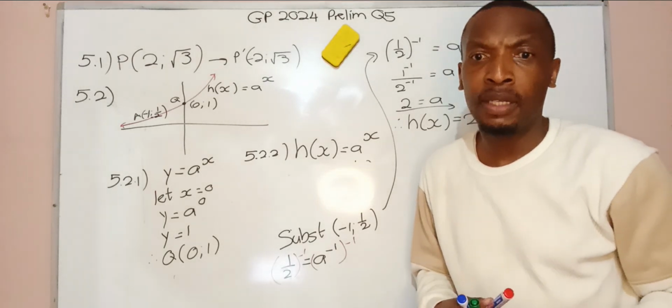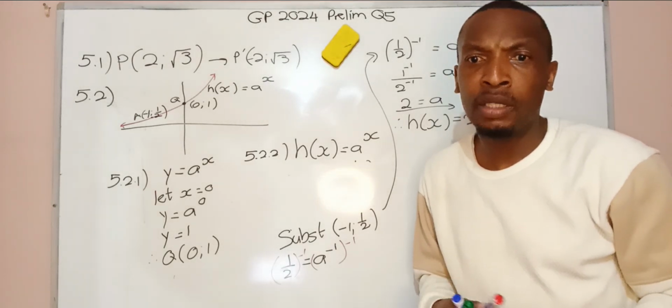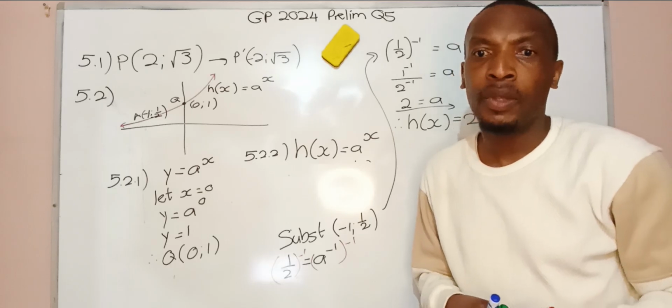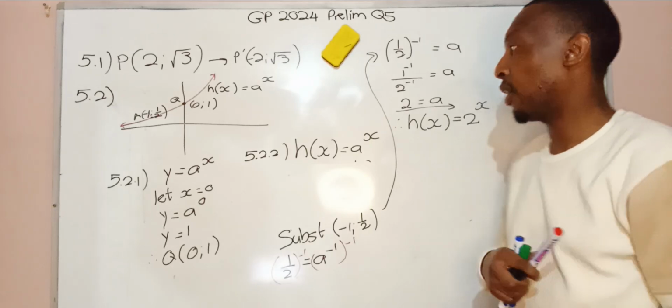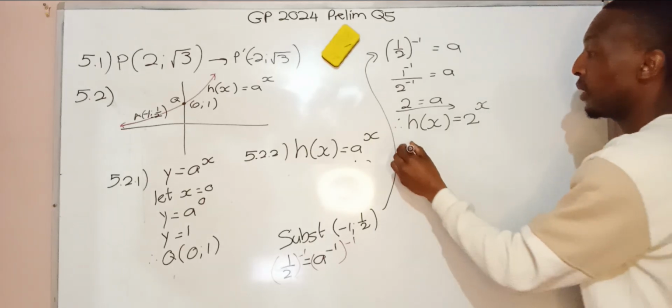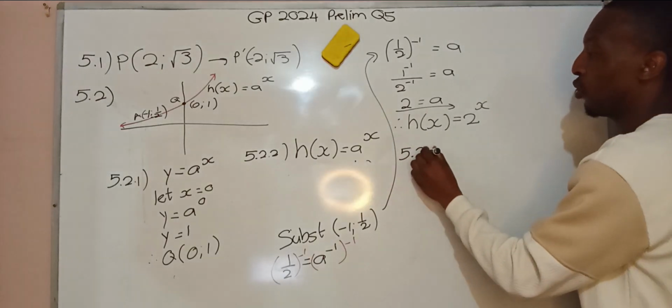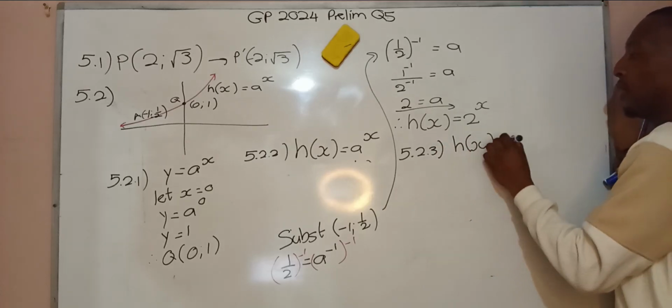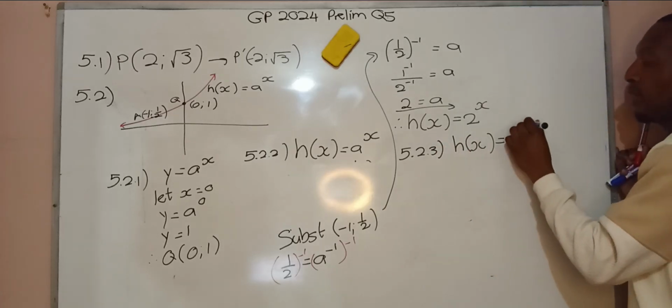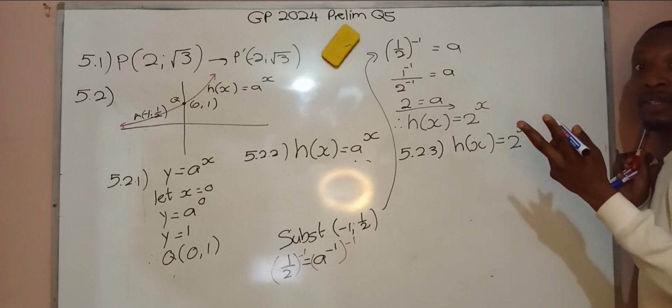5.2.3, write down the equation of the inverse of h in the form y is equal to something. Okay, let's squeeze that in here. We know that h of x or y is equal to 2 to the x. How do we find the inverse? x and y swap.